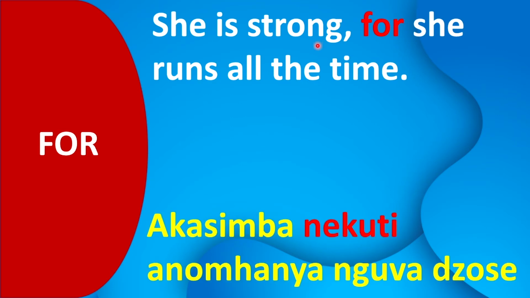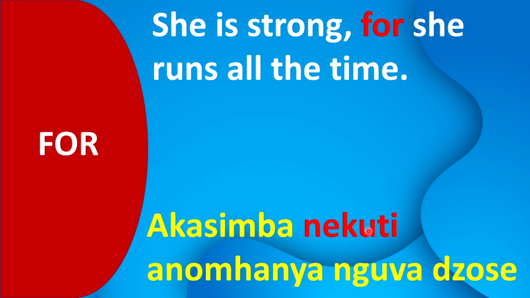The translation becomes akasimba nekuti anomhanya nguva dzose. She is strong, akasimba, for, nekuti, she runs all the time, anomhanya nguva dzose. All the time it's nguva dzose. She runs, anomhanya. I hope that's clear.